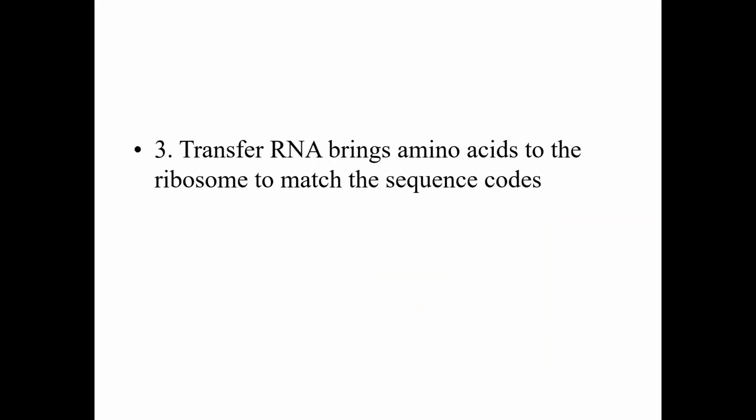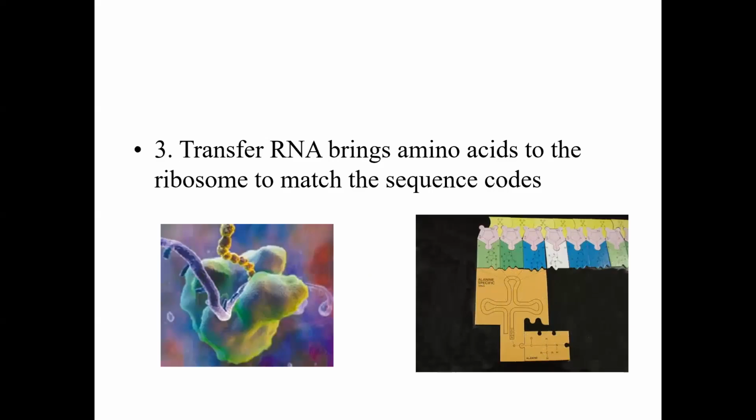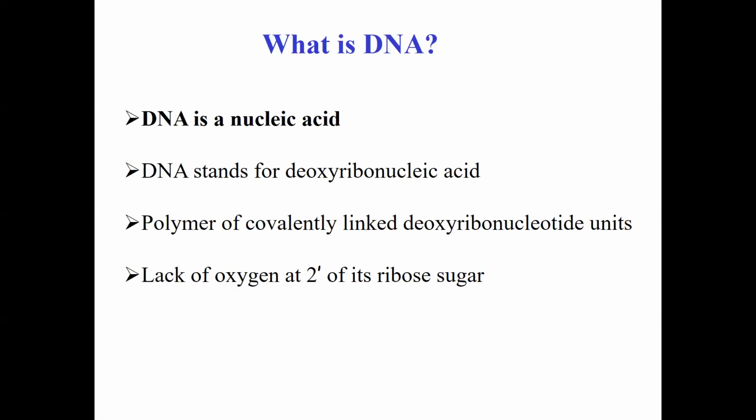So transfer RNA brings amino acids available in the cytoplasm one by one, depending on the code of the messenger RNA, the message it carries, which amino acid should be recruited one after another. Here is the ribosome where you can see transfer RNA recruit the amino acid. So protein is synthesized, and protein synthesis means the expression of DNA.